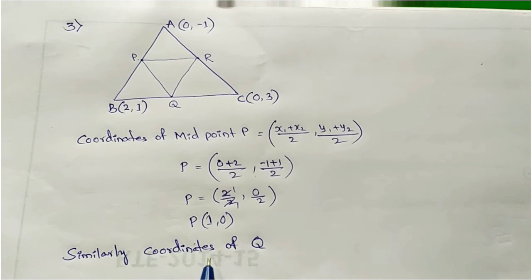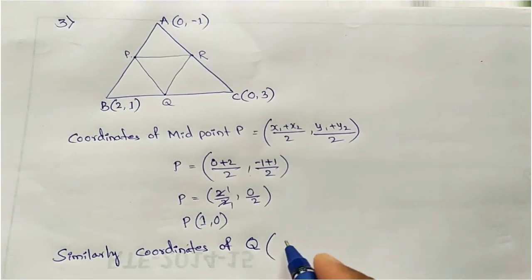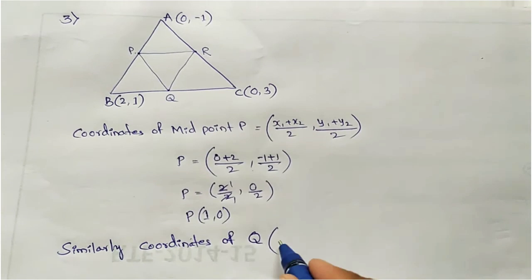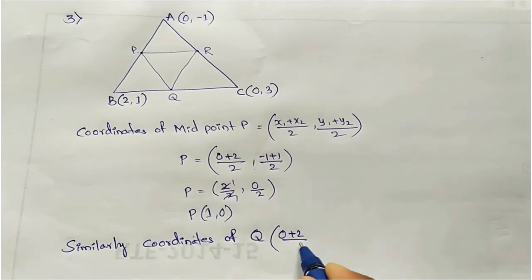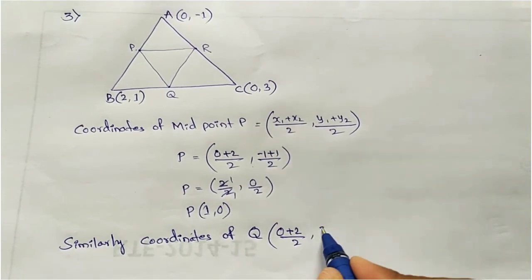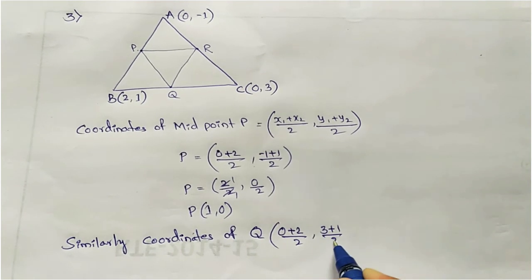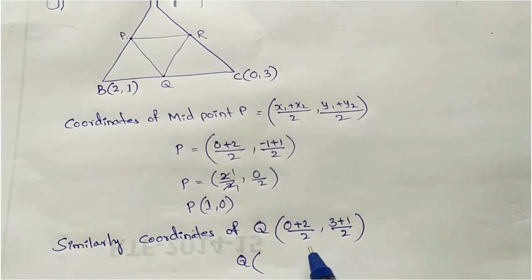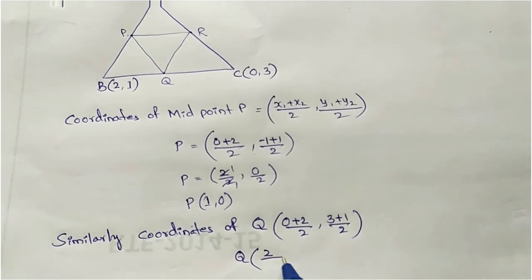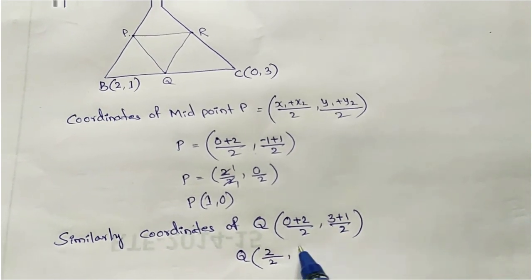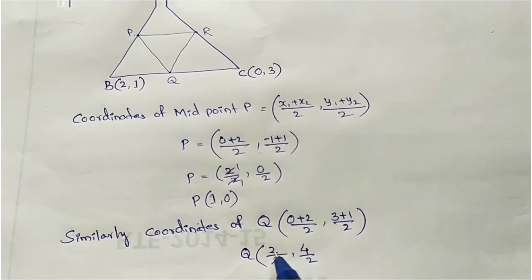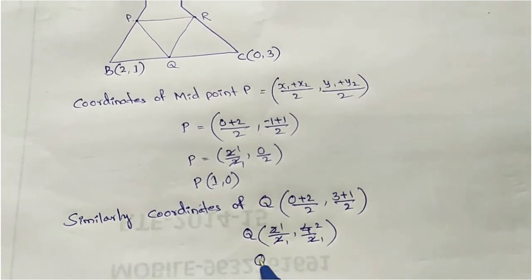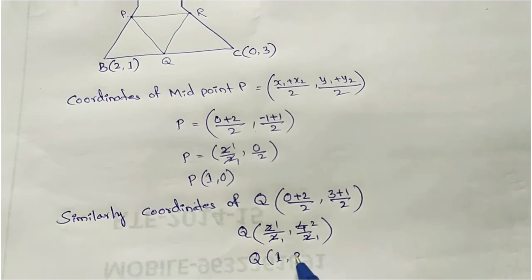Similarly, coordinates of Q will be, with x1 y1 x2 y2, 0 plus 2 by 2, 3 plus 1 by 2. So Q of 0 plus 2, 2 by 2, 3 plus 1, 4 by 2, 2 ones are 2, 2 twos are 4. So Q of 1 comma 2.